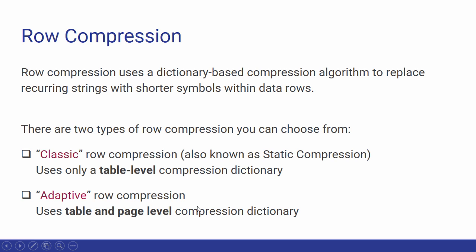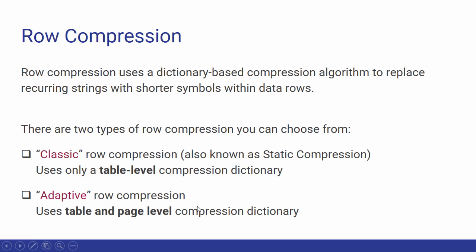Row compression is a dictionary-based compression algorithm that is used to replace recurring or repetitive strings with shorter symbols within data rows. As we saw in the previous table example, we can replace the value 500 that is occurring in all these different rows with a shorter symbol, and this shorter symbol would need less storage as compared to storing the value 500. There are more examples in the upcoming lectures, so don't worry about that.